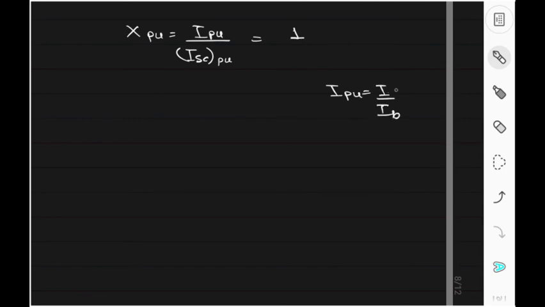Okay, now what did we get? We got X per unit is equal to I per unit divided by short circuit current in per unit, right? Basically I per unit will be equal to 1, because I per unit is rated divided by base value, and the base value we generally consider as the rated value, so this will become 1.